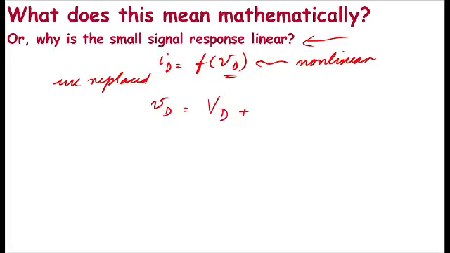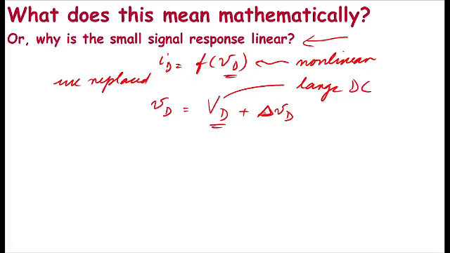a very small signal value. So this was my large DC value. And because I'm doing math here, in math we represent small values or small changes about a DC value using a delta notation. So let me just call that small v, capital D, and delta VD.